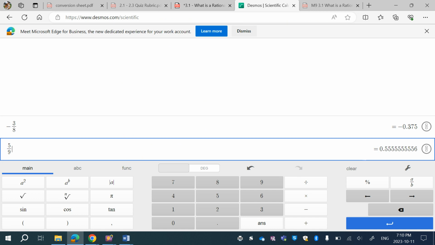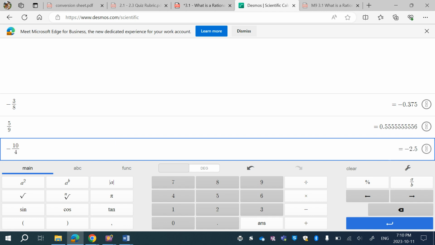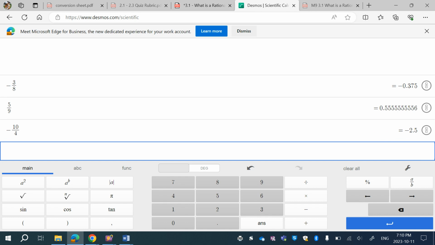And -10 over 4 is -10 divided by 4, which is -2.5.